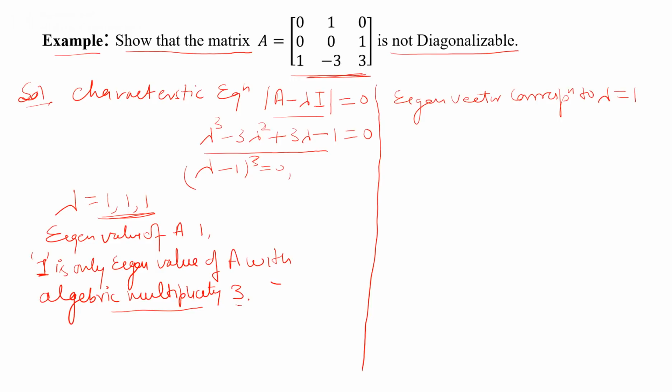As you remember, we write the matrix A minus lambda I times a vector capital X is equal to 0. So here we take lambda is 1.